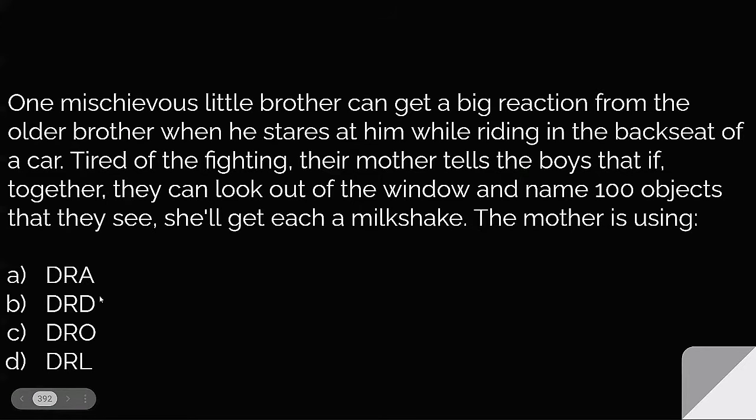Well, let's make sure it's not a DRD. Yeah, you want to reduce this behavior, it seems, but I don't see any attempt to make steps down from where the behavior stands at the moment to a lower duration or a lower rate or something like that. So I don't see that. DRO is very close to this.